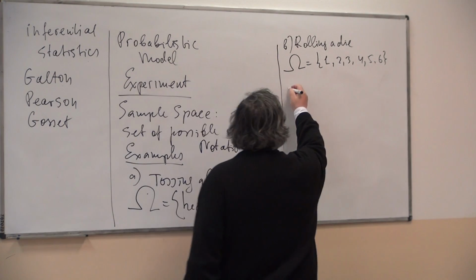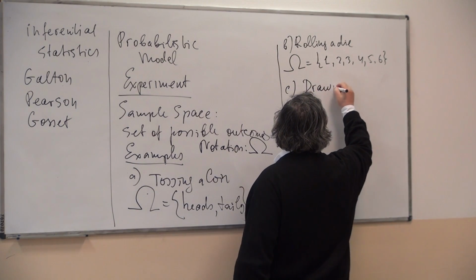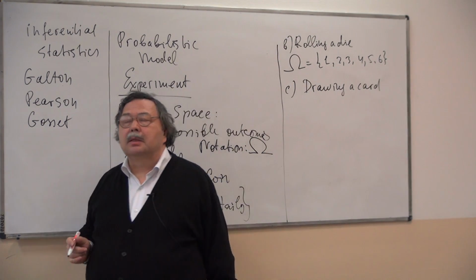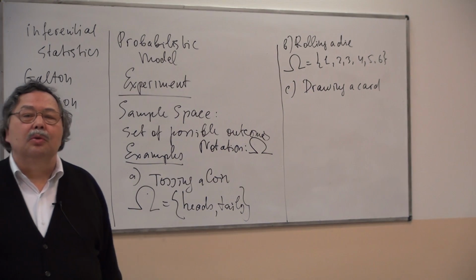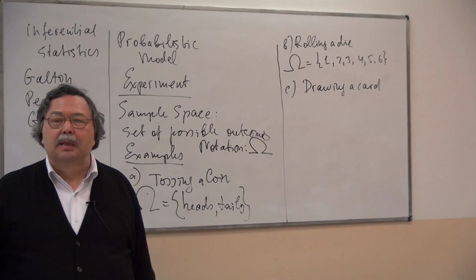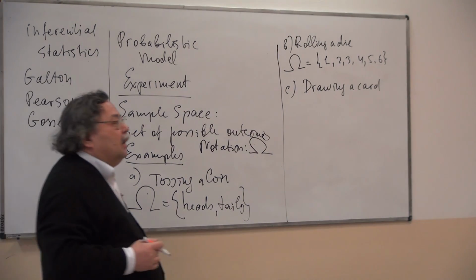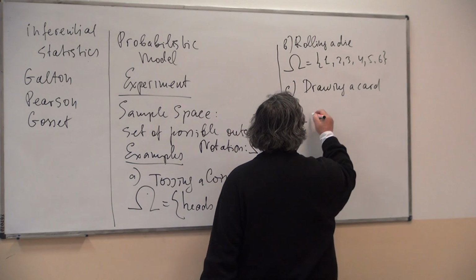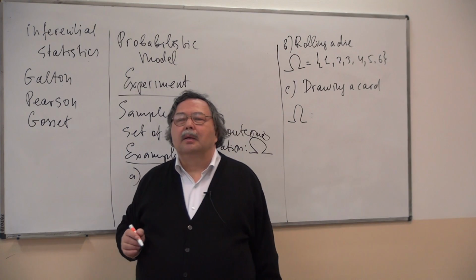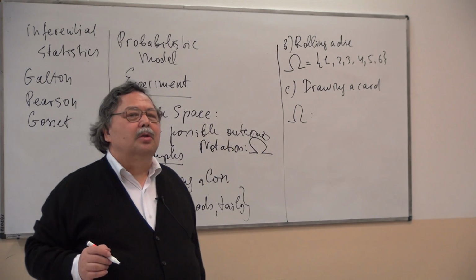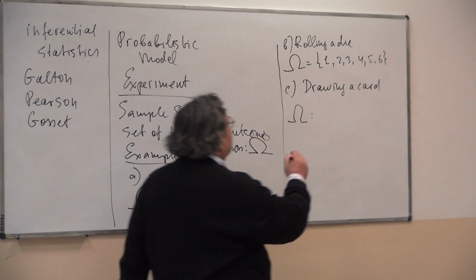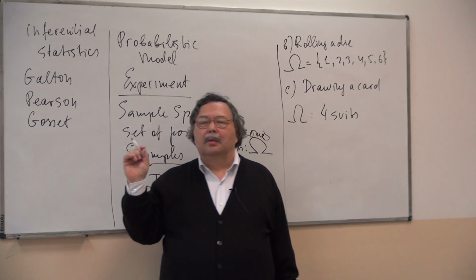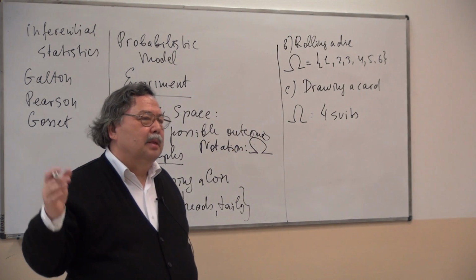The next classical example is drawing a card. Usually, as an example, we use the standard deck of 52 cards. I'm not going to list all of them. I just want to mention that there are 4 so-called suits. Do you know what a suit is? The 4 suits are spades, diamonds, hearts, and clubs.